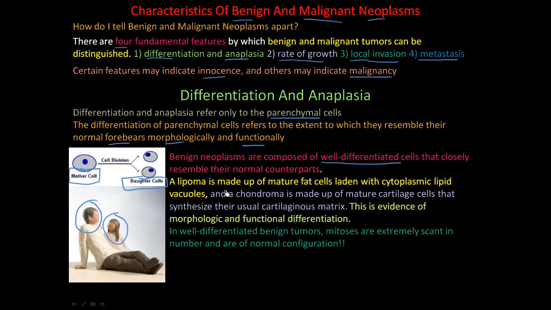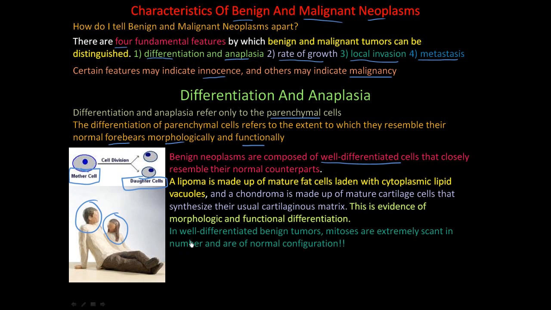A lipoma is made up of mature fat cells with cytoplasmic lipid vacuoles. A benign tumor of cartilage, a chondroma, is made up of mature cartilage cells that synthesize their usual cartilaginous matrix. This is evidence of morphological and functional differentiation.